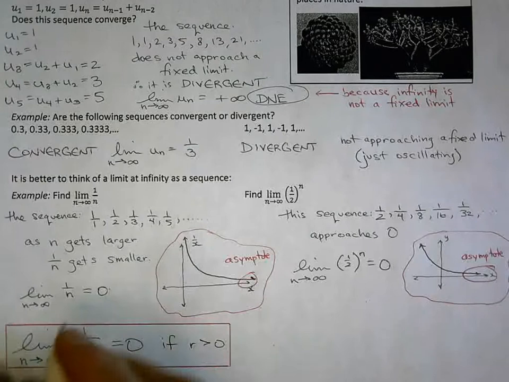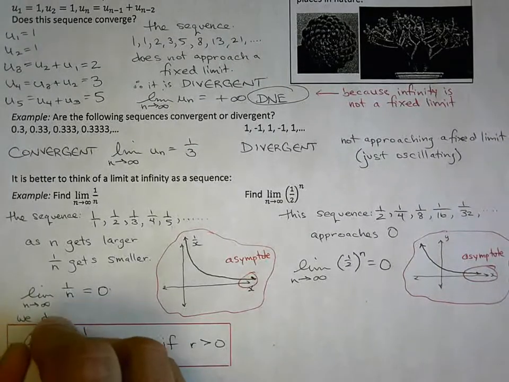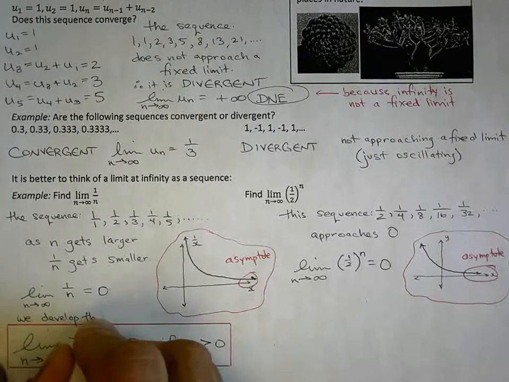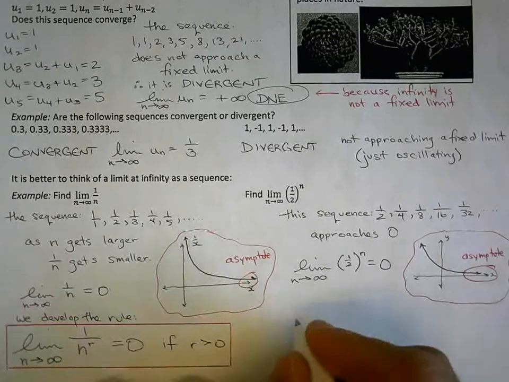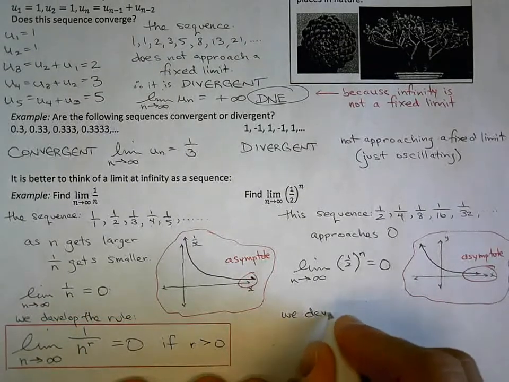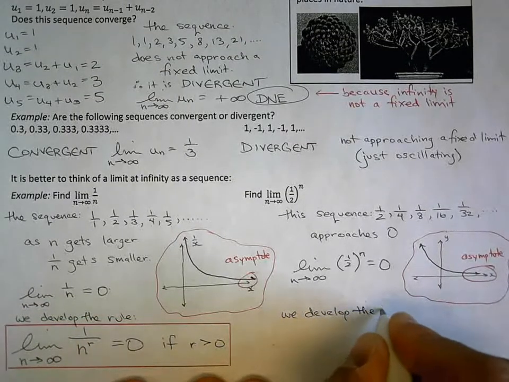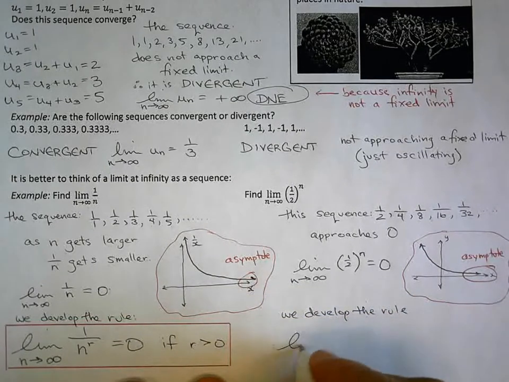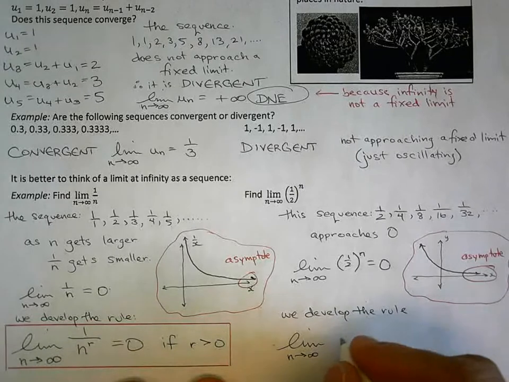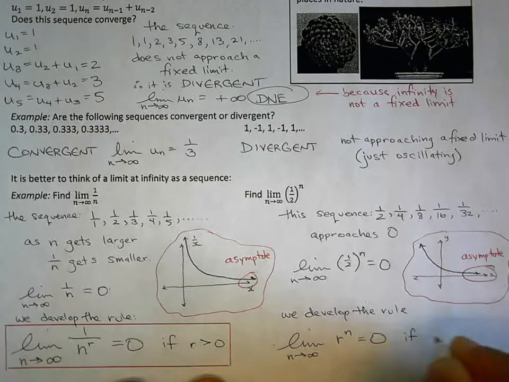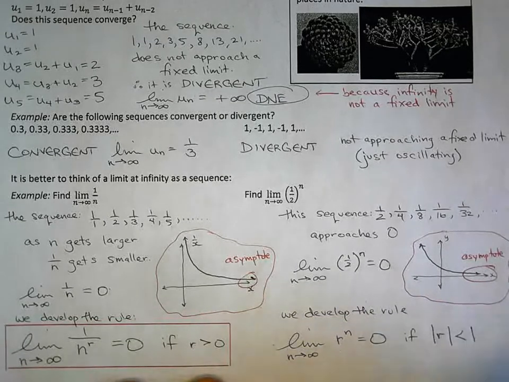Oh, I see, I forgot to write this here. We develop the rule: the limit as n approaches infinity of r to the power of n is equal to 0 if the absolute value of r is less than 1.